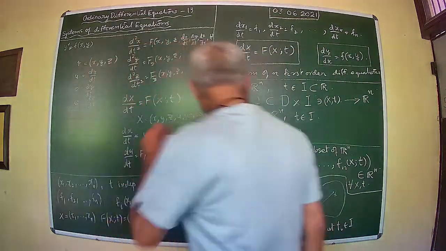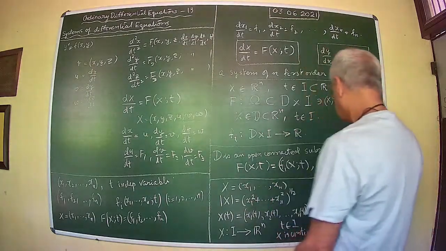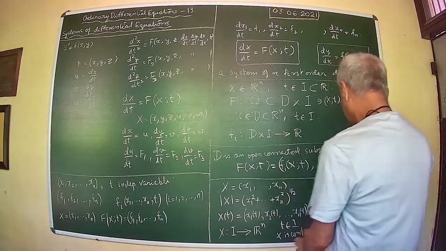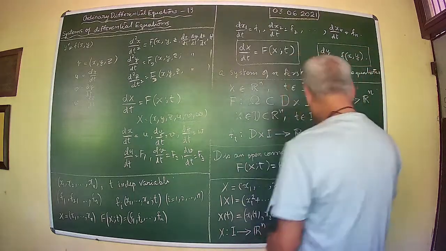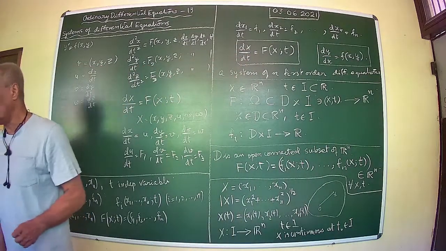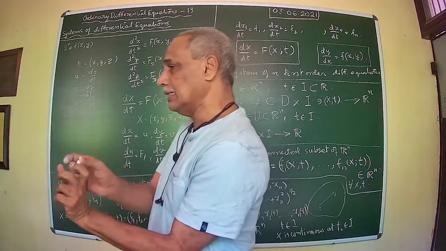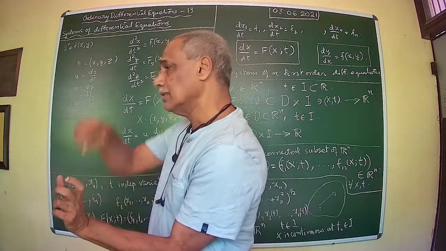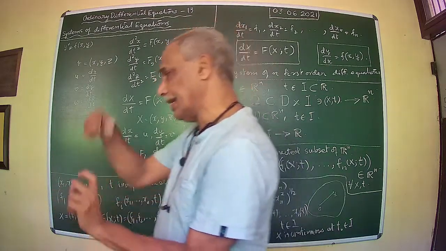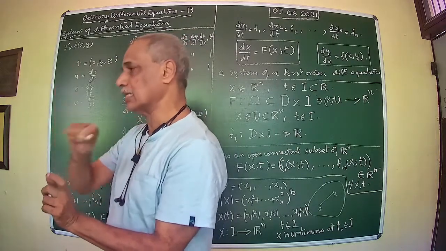Given an epsilon neighborhood of x(t naught), there exists a delta neighborhood of t naught, so that every point in the delta neighborhood of t naught gets mapped into the epsilon neighborhood. So for any positive epsilon, this is true, that for the given epsilon there is a corresponding delta.